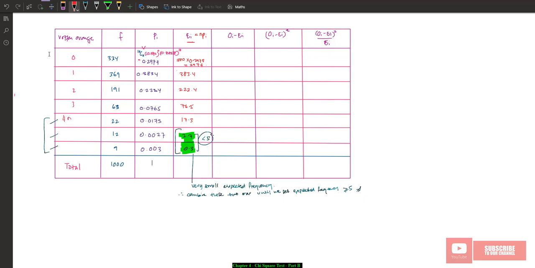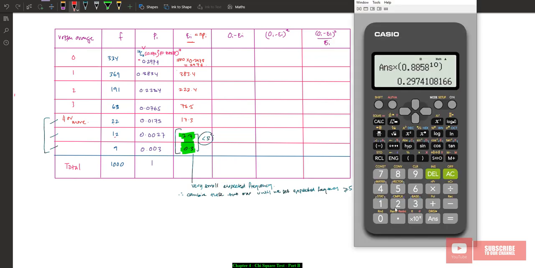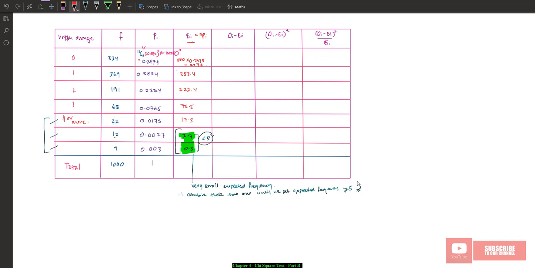4 or more. So this one should be the total from 22 plus 12 plus 9, which should be equal to 43.